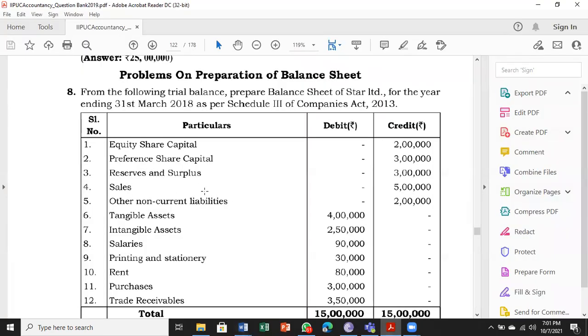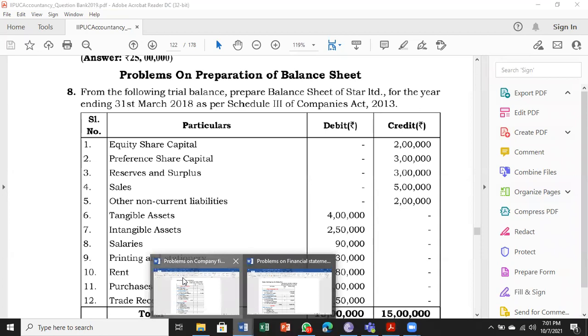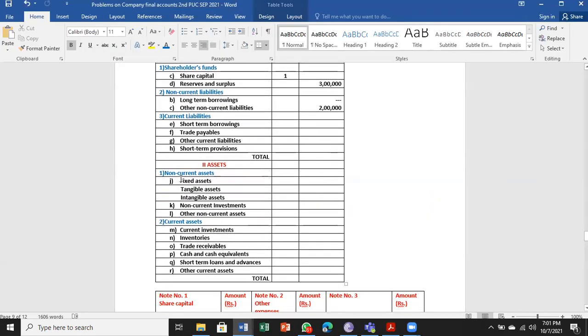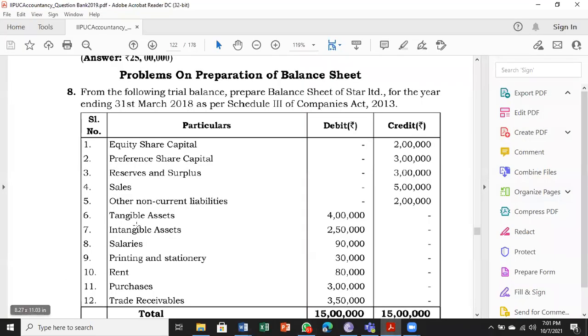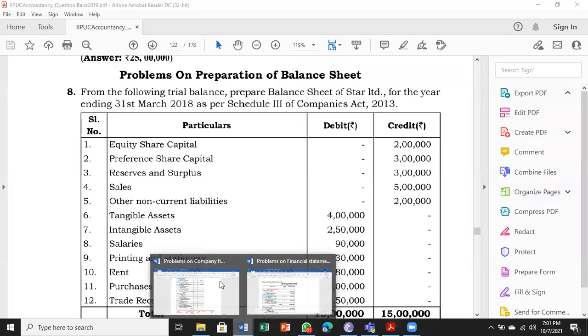Next, tangible assets 4 lakhs, intangible assets 2,50,000. So only one amount. So I can get into the asset side over here. Under fixed assets, we have two items, tangible assets and intangible assets. So let me go there. Tangible assets 4 lakhs.